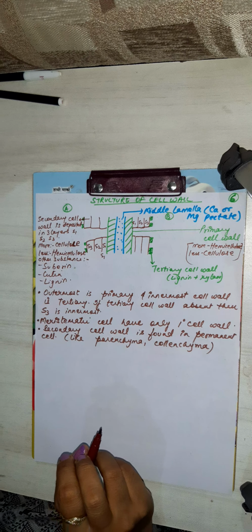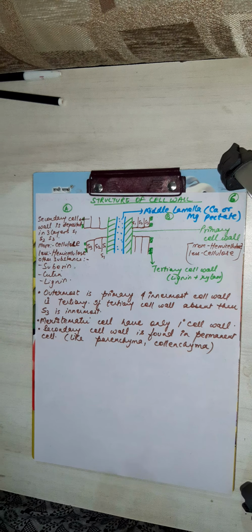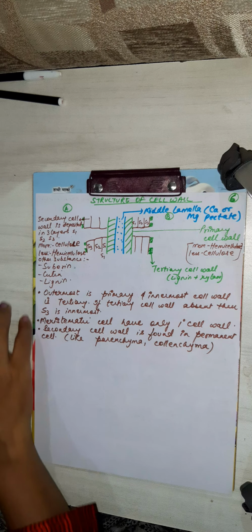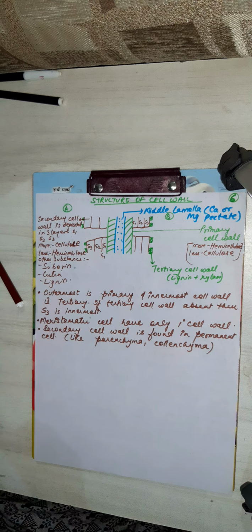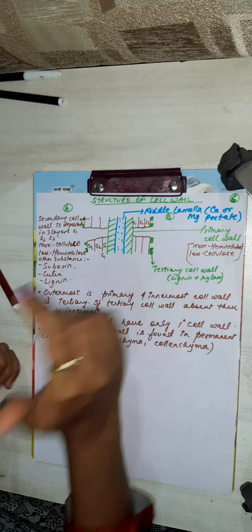What else is remaining regarding this? One more thing I want to inform: border pits and simple pits. Then let me draw the lumen. So this gap which you are seeing, ये जो क्या है? Pit है.